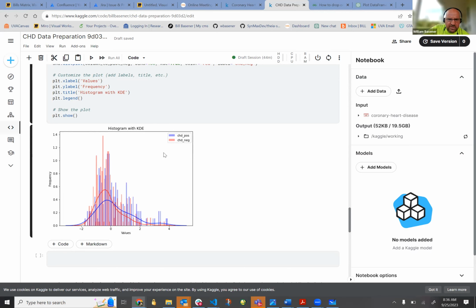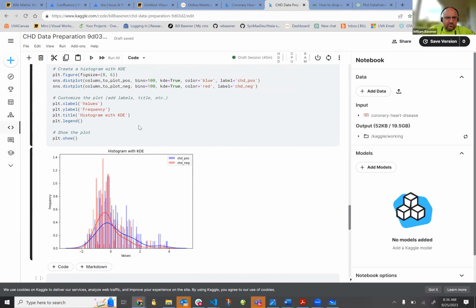And we see that there's plenty of coronary positive people in the blue that are distributed all the way from -2 standard deviations all the way out to 4. Coronary negative, not many out to the 4, but 2 standard deviations above all the way to 2 standard deviations below. So that gives you a sense of that spread and how meaningful it is.